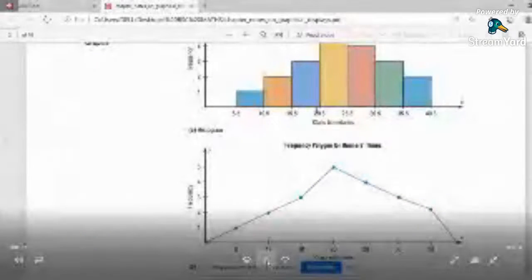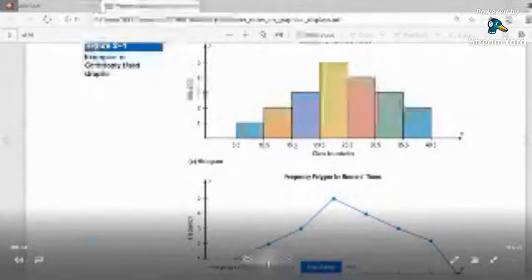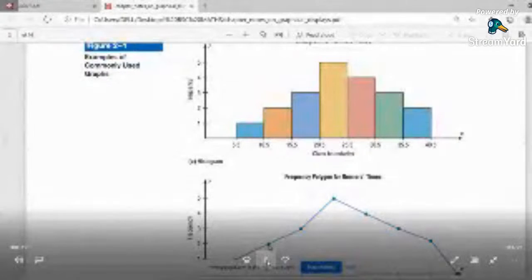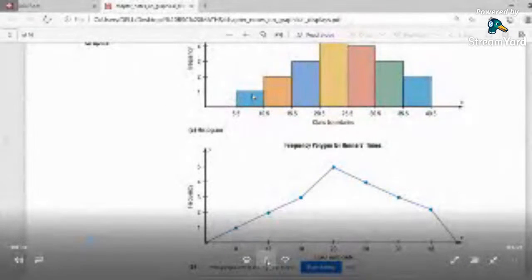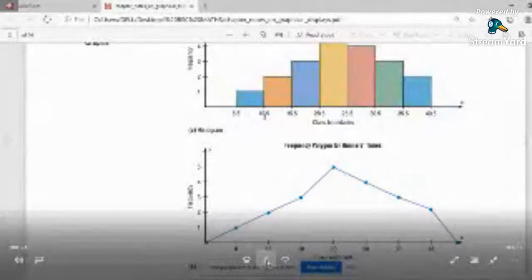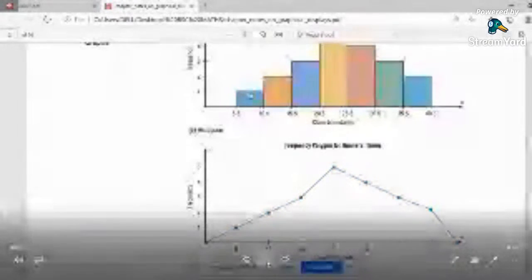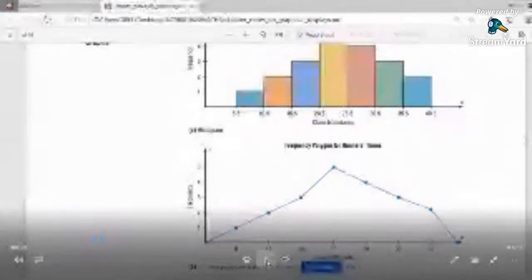So this is the frequency polygon, by plotting a smooth curve through the middle points. The middle point of 5.5 and 10.5 is 8. Okay, the middle point of 10.5 to 15.5 is 13.